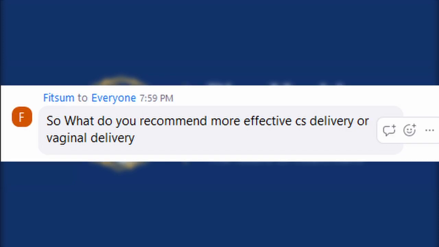So what do you recommend, cesarean delivery or vaginal delivery? Vaginal delivery, 100 times, because it's very natural and it has more advantages than cesarean section. As you can see, cesarean section has multiple complications, both for the mother and for the fetus.